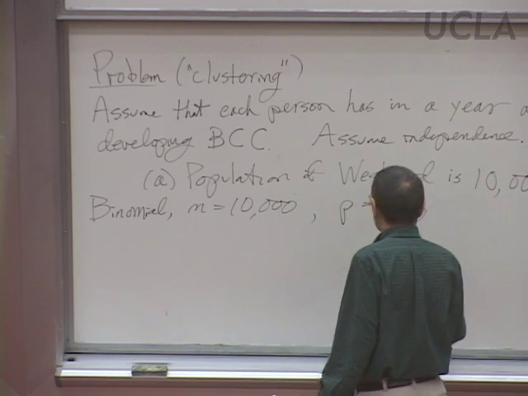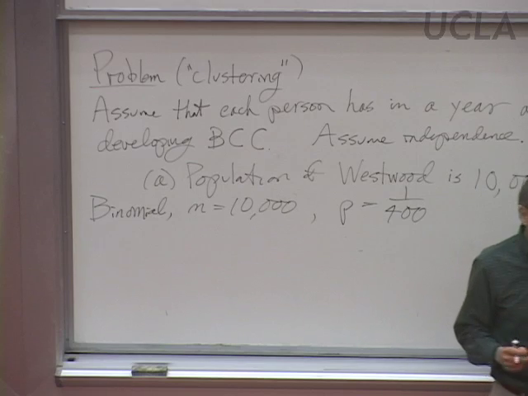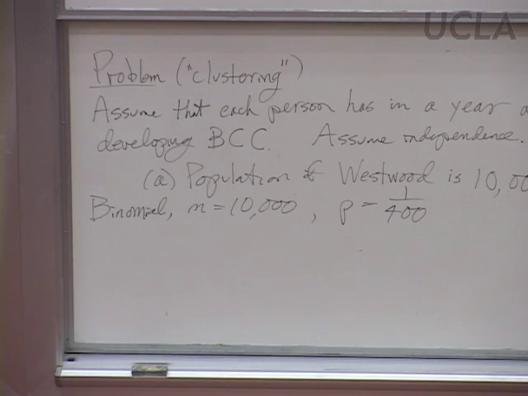We have these 10,000 independent trials, each with the same success probability. As usual, using the word success rather casually to mean, yes, does develop basal cell carcinoma in the coming year, 2009.